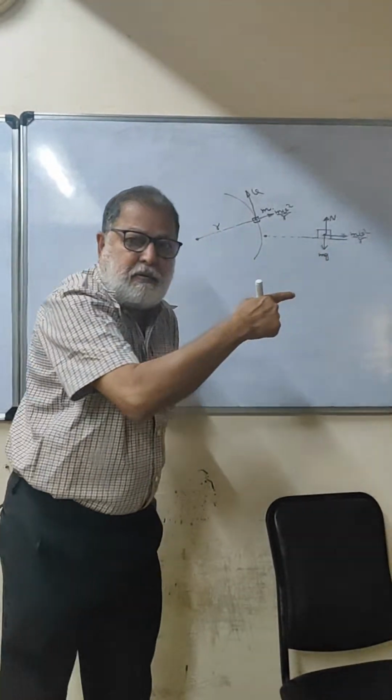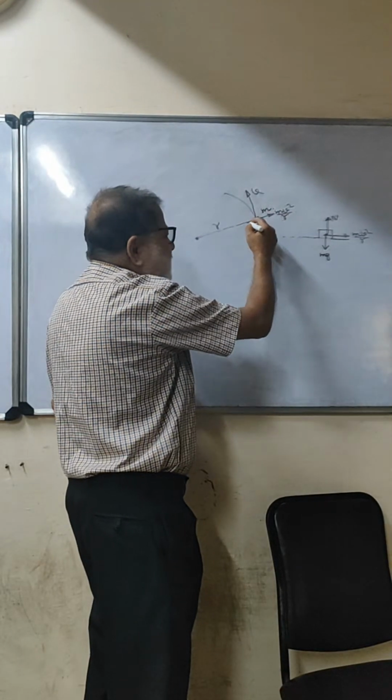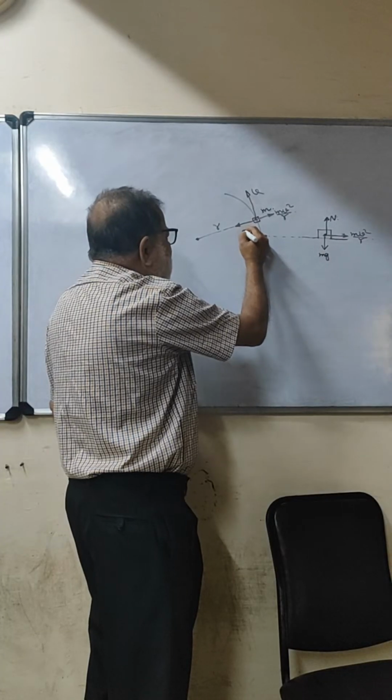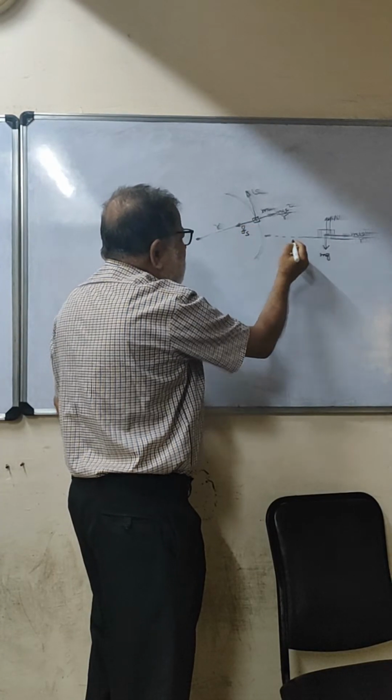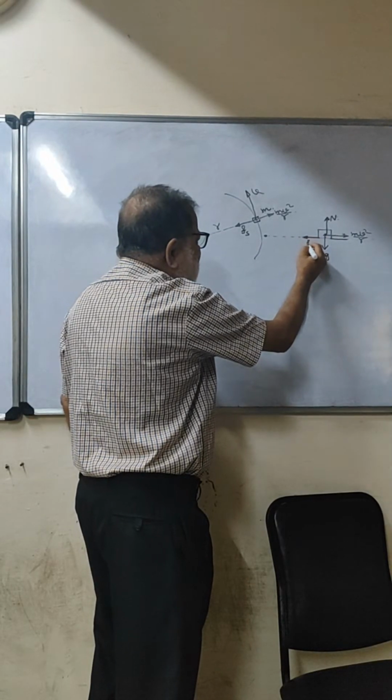So due to this centrifugal force, it has a tendency to slip, and thereby a force of friction, static friction Fs, is called into play by the surface. It experiences this Fs.